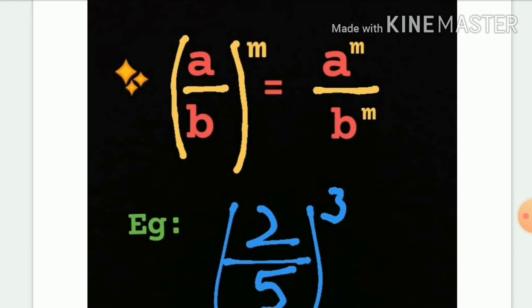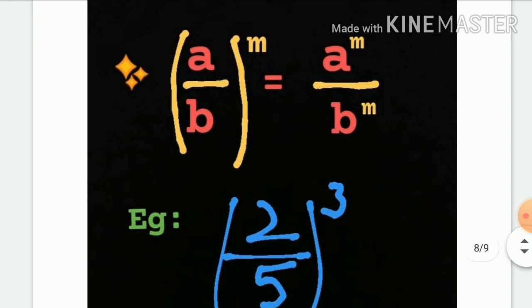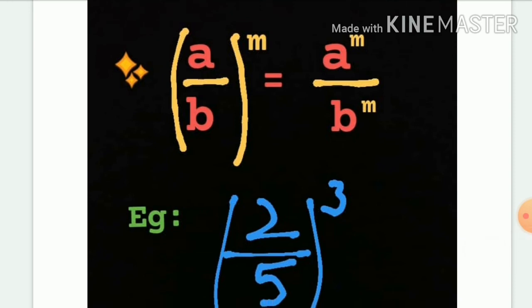So see what happens. a divided by b, where two different bases both have the common index m, results into what? a raised to m divided by b raised to m, meaning that the index goes individually to both the bases.